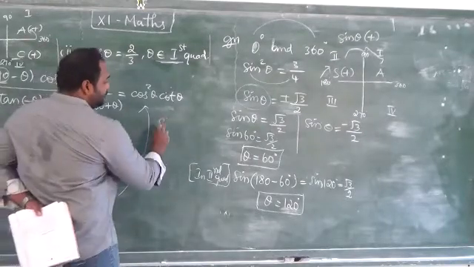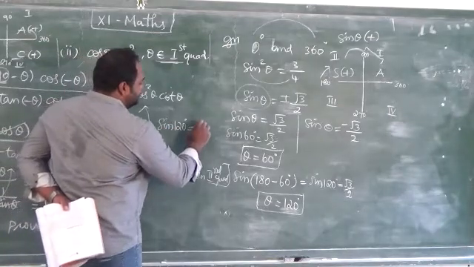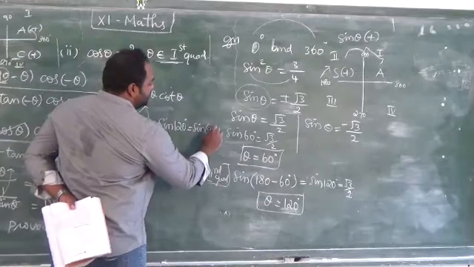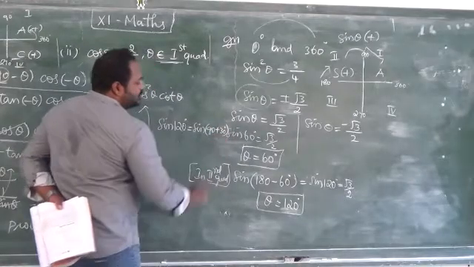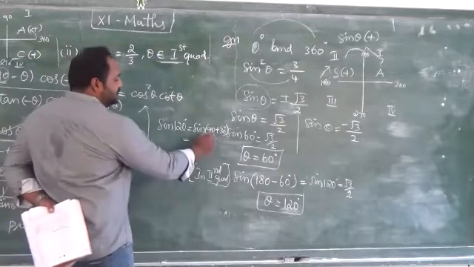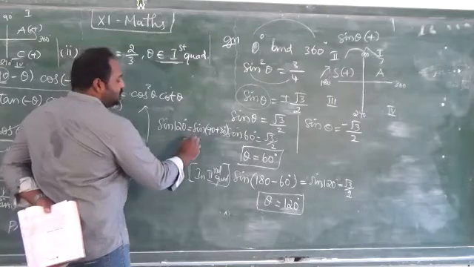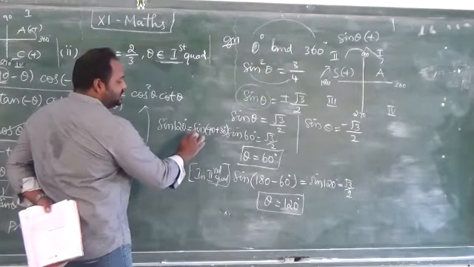Let me check. Sine 120 can be written as sine of 90 plus 30. Which quadrant is sine of 90 plus 30 in? The second quadrant. In the second quadrant sine is positive, so there is no change in the sign.